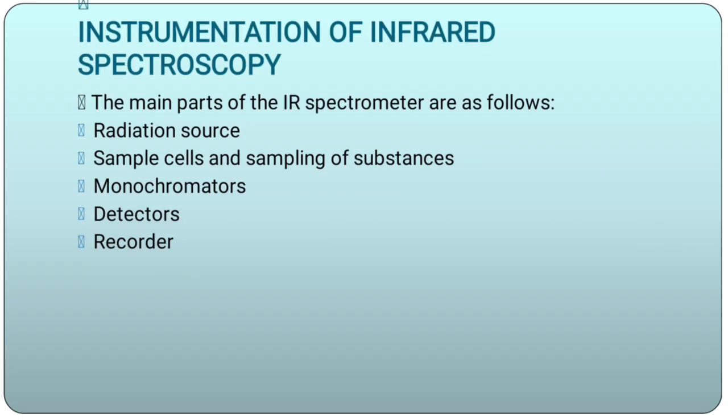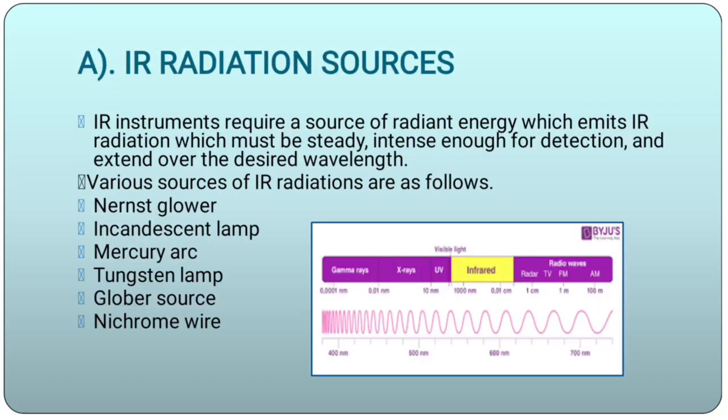Next, instrumentation of infrared spectroscopy. These are the main components present in an infrared spectrometer: radiation source, sample cells and sample of substance, monochromators, detectors, recorders. First we are going to see the IR radiation source.